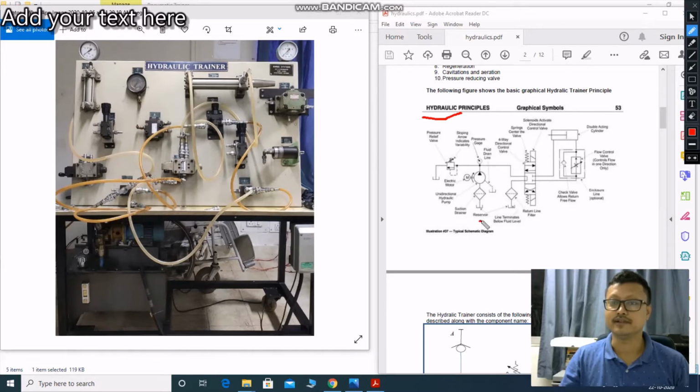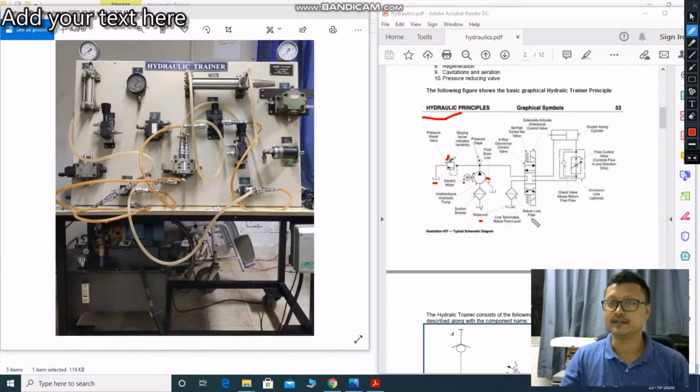We have one reservoir, one motor and one pump. This is a pressure relief valve, and after performing some function, oil will come back to the hydraulic tank.